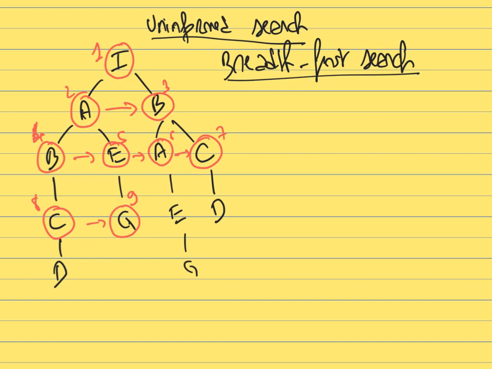The main advantage of doing this is that first you are guaranteed to find the solution. You will necessarily find at some point the goal state that you are trying to reach. And it will also give you a solution that corresponds to the shortest path that you can take.